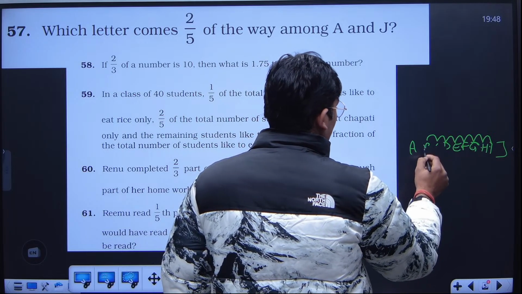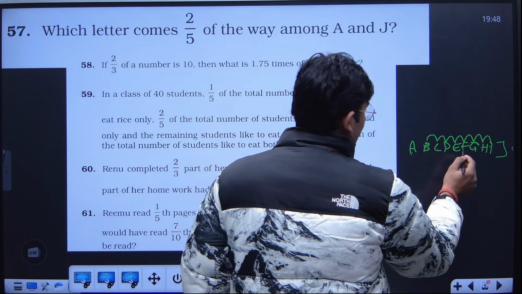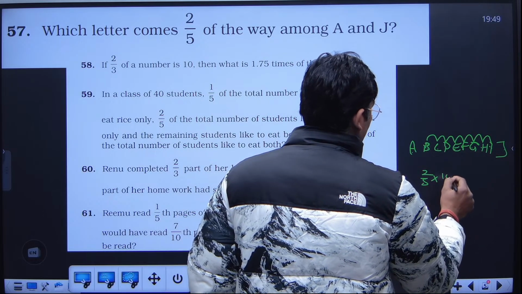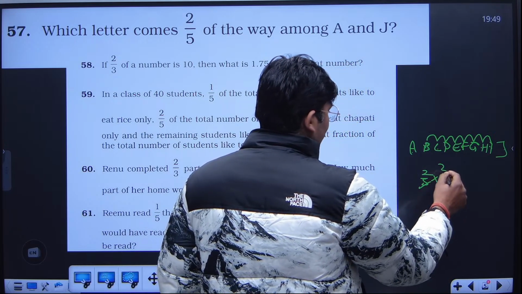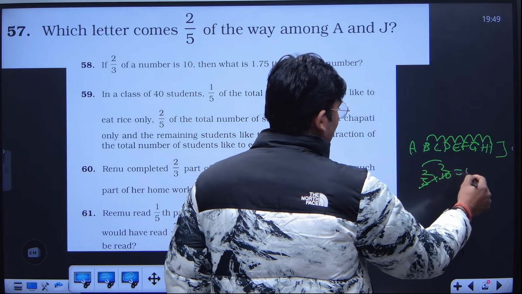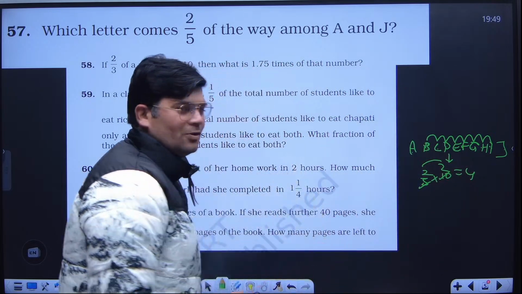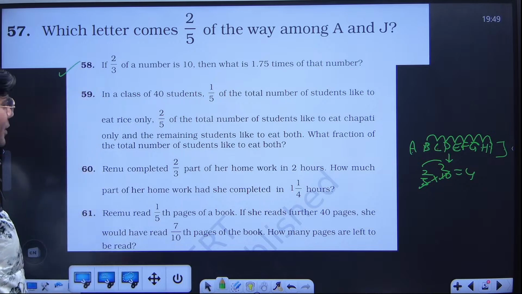So if you take all the letters, 1, 2, 3, 4, 5, 6, 7, 8, 9, 10. So 2 by 5 of 10 is 4. D. So it is going to be 4, my dear. Yes, sir. D. Okay, great.